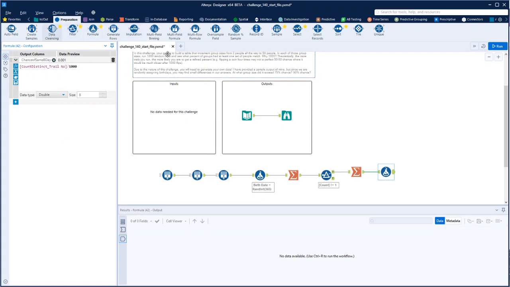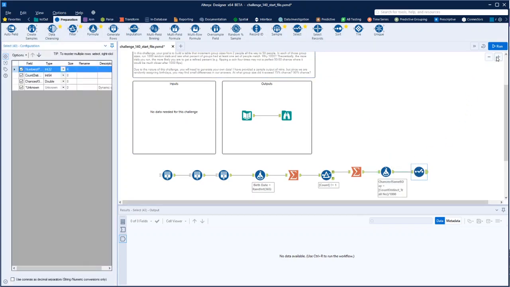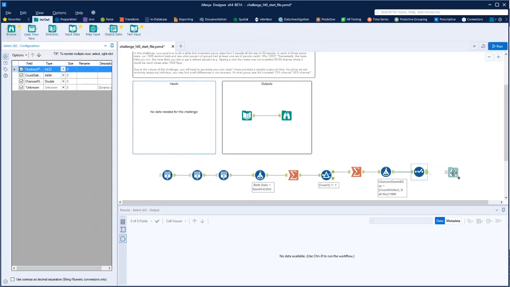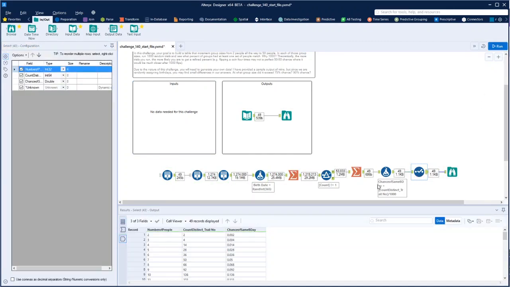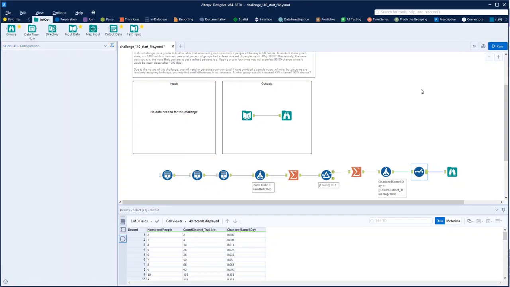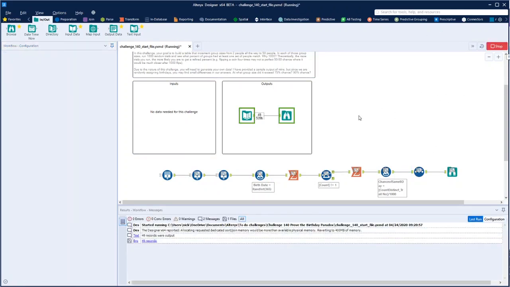And then if we bring in a select and a browse, we can just get rid of this one, we don't need it. Let's see how close we are. We won't get exactly the same number because obviously we're dealing with a random number set here.